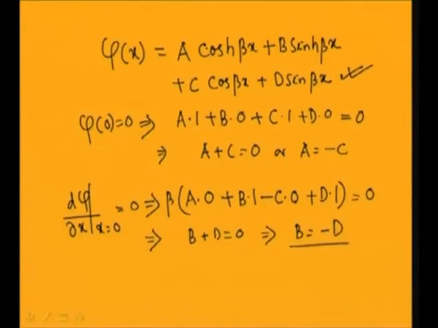So, I got two conditions. In the first condition a equal to minus c, and in the second condition b equal to minus d. By substituting these two in the equation for ψ(x), I can rewrite the expression in this form.